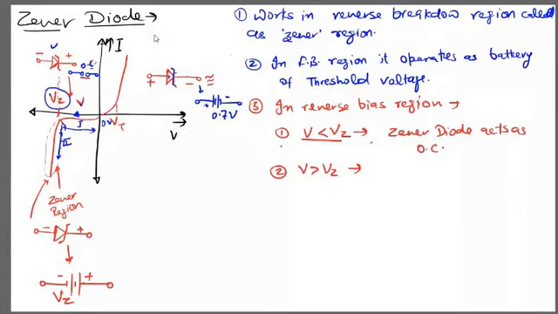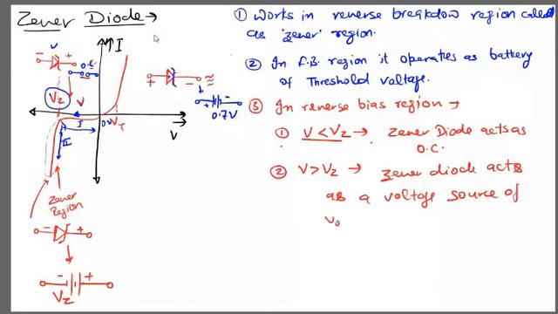The Zener diode acts as a voltage source with voltage Vz across it.